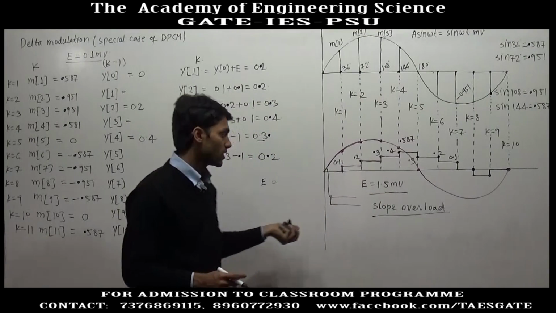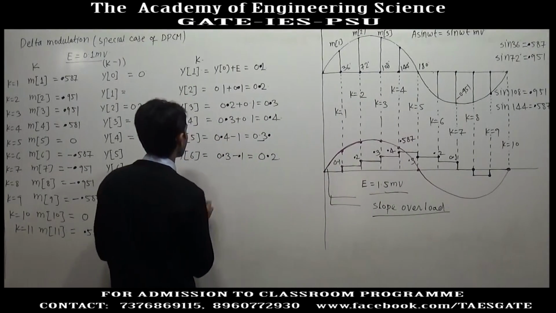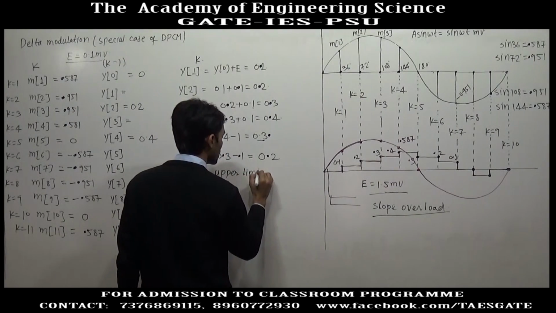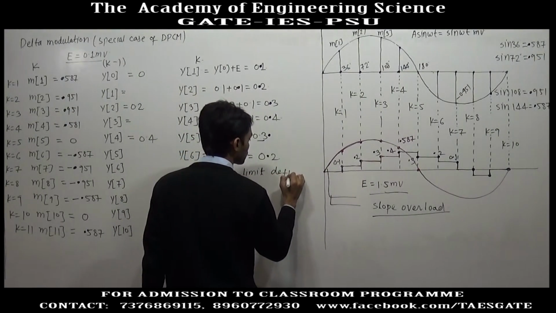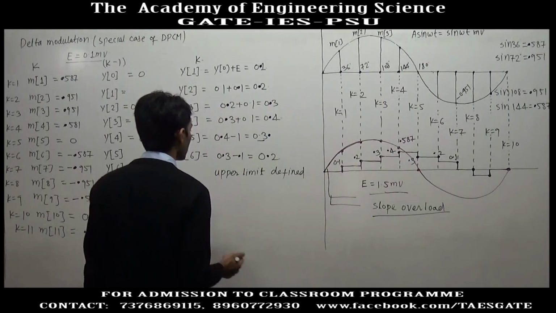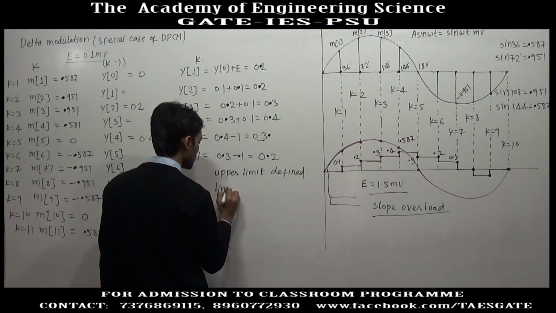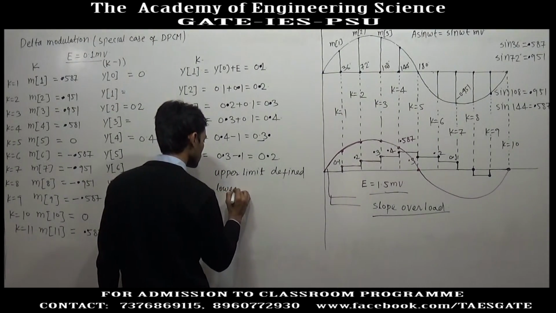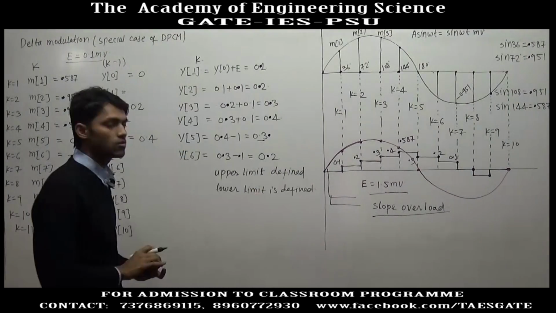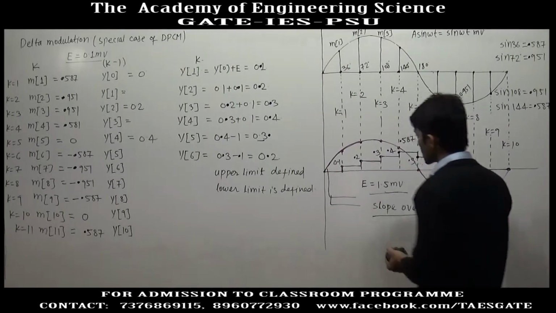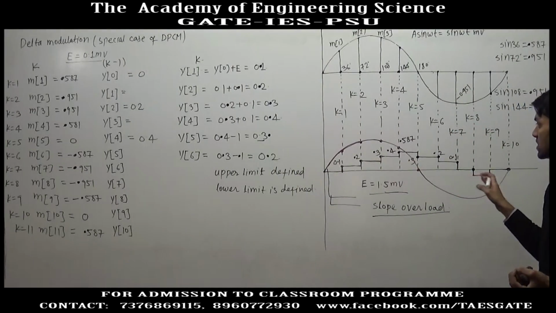We should not have a very high value of threshold. Here we have taken a very low value and we have a problem. So, we will say the lower limit is defined, to have an optimum value of threshold for which the tracking will be sufficiently accurate.